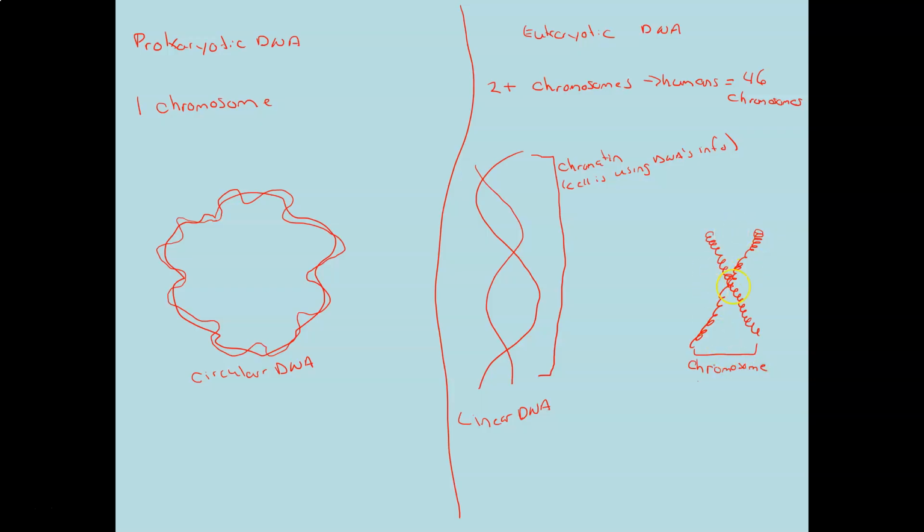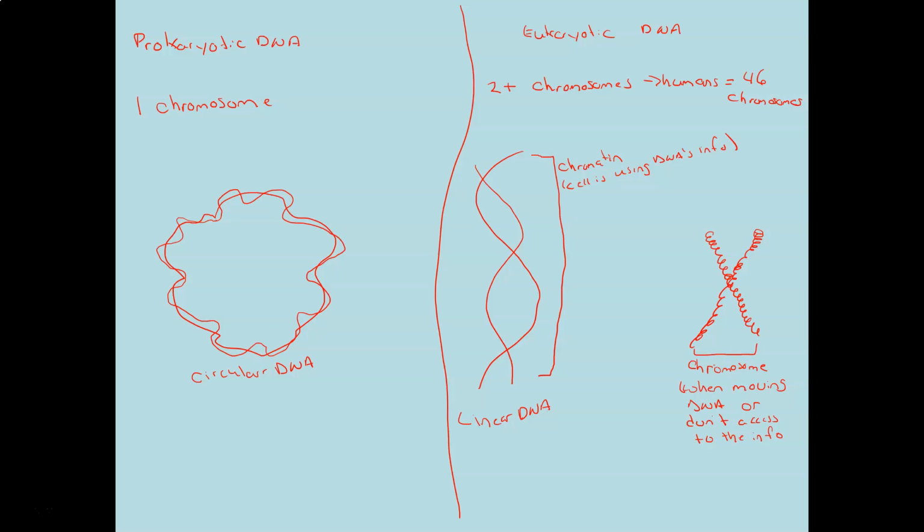We'll condense this genetic information so that we can move it, or we just don't need to access it. So we're in this form when we're moving DNA, or we don't need access to the information present.